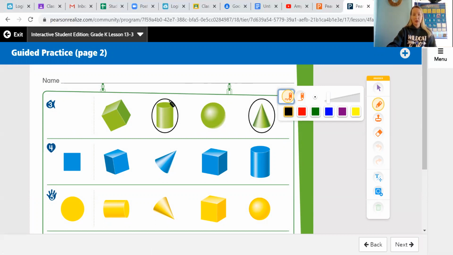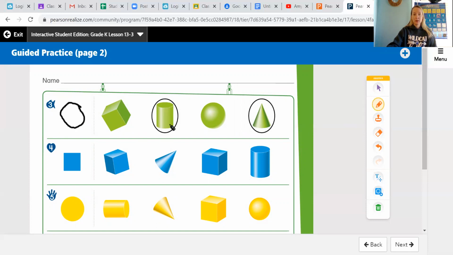They circled a cylinder and a cone. What shape is the flat surface of these 2 shapes? You think about it for a minute, and then we're going to draw that shape right here. If you said circle, you are right. So you need to draw a circle right here because a cylinder and a cone have a flat surface that is shaped like a circle.